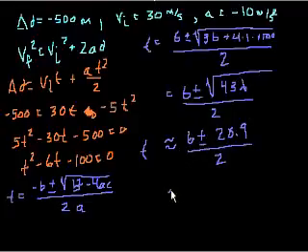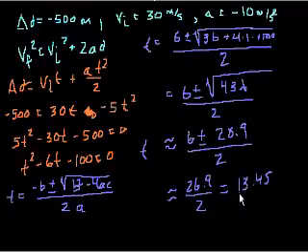So time is approximately equal to 6 plus 20.9, so that's 26.9 over 2. And that equals what? 13.45 seconds. Time is equal to 13.45 seconds. That's interesting. If you remember way back, maybe 4 or 5 videos ago, when we first did this problem, we just dropped the penny straight from the height.